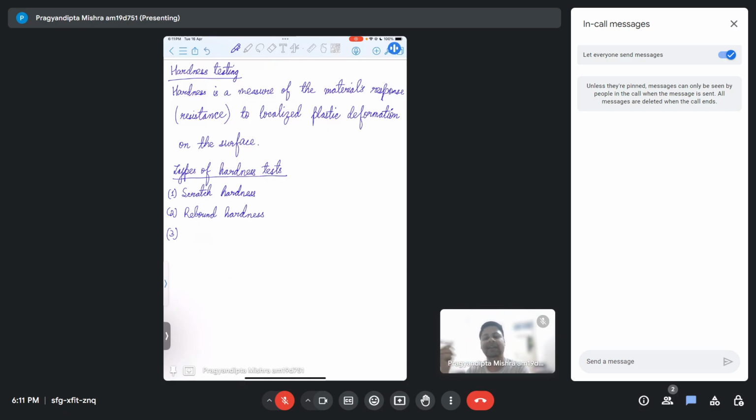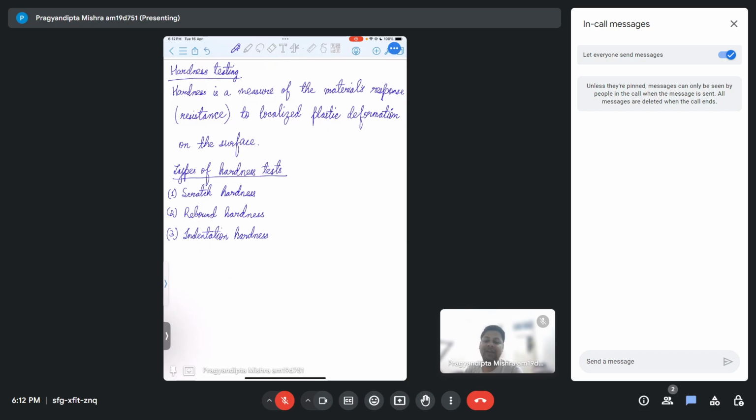Then we get indentation hardness. So these are the three ways people have measured hardness over time.